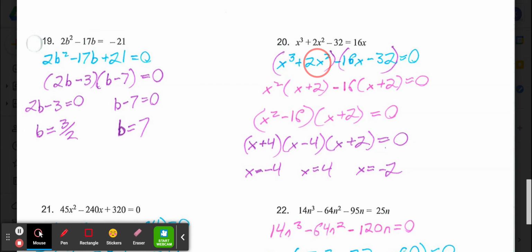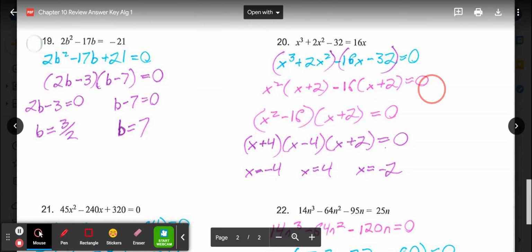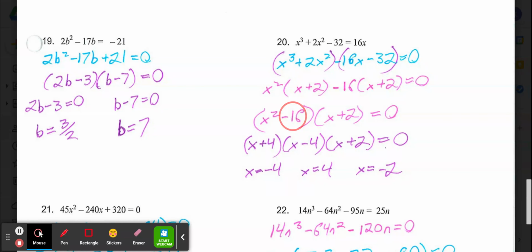So our first one, I could factor out an x squared, and I'd have x squared, and then in parentheses, x plus 2. In the second one, I can factor out the negative 16, and in parentheses, that leaves me x plus 2. So then we'd have (x squared minus 16) in the first parenthesis, (x plus 2) in the next.